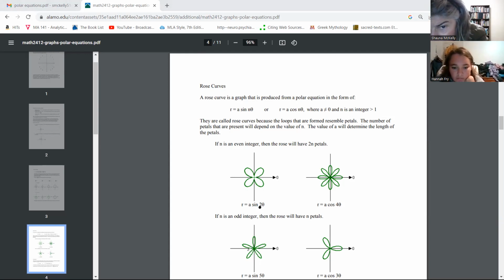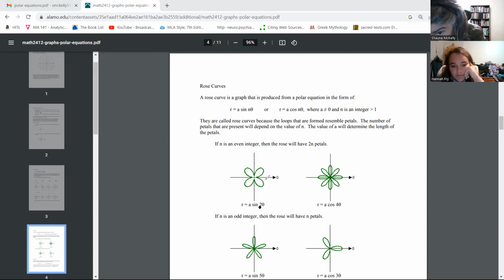Now, the thing that you had the most trouble with before, I don't know that it's the thing you're having the most trouble with now, but the thing you had the most trouble with before was the angle. And what I told you was that you're always going around the entire circle, which is 360 degrees. If you divide 360 by the number of petals, you don't necessarily get where they start, you get how far apart they are.